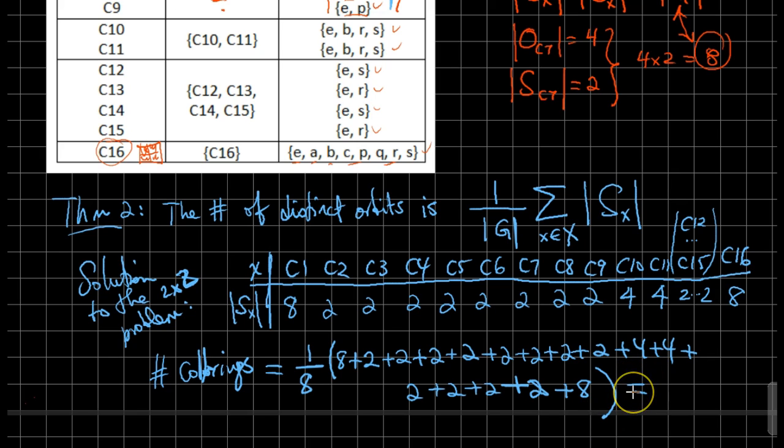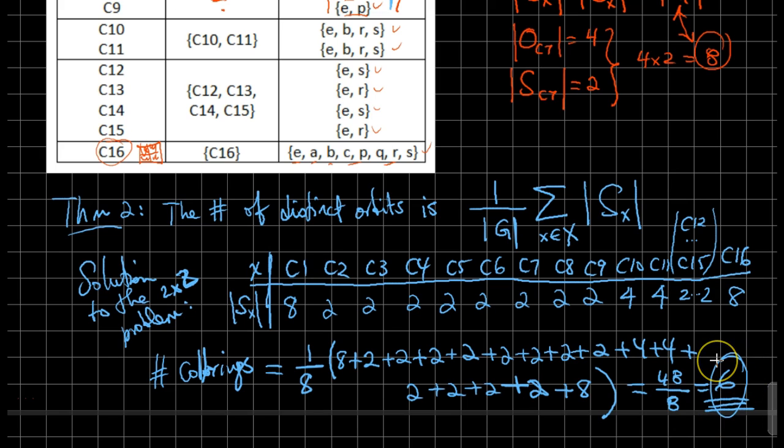So you add up all these numbers, I believe you get 48. So therefore 48 divided by 8, you get 6.